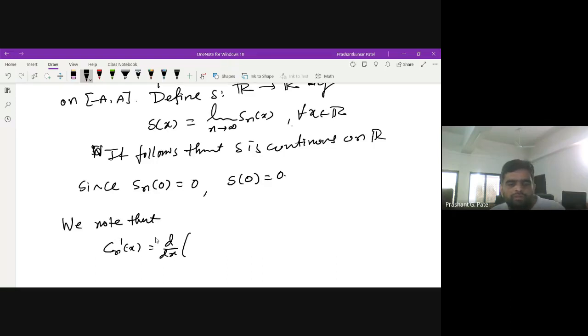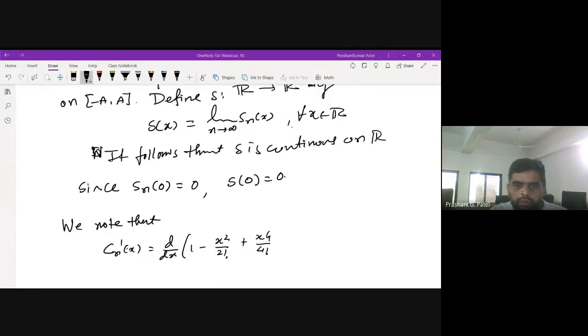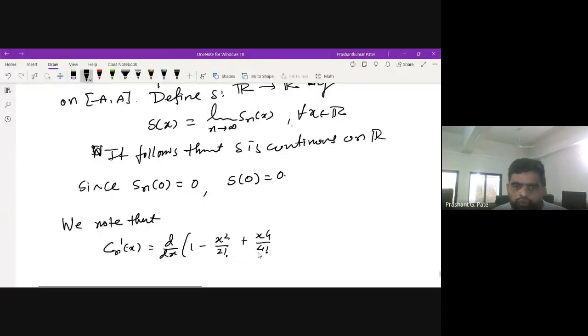Cn we have defined as 1 minus x square by 2 factorial plus x raised to 4 by 4 factorial, and so on, up to minus 1 raised to n, x power 2n upon 2n factorial.